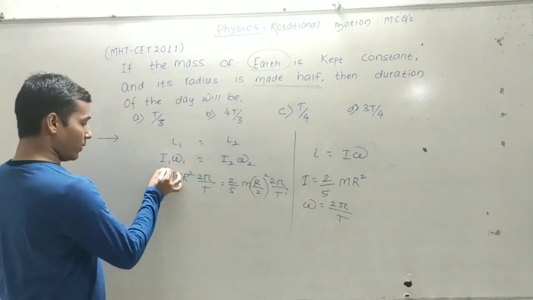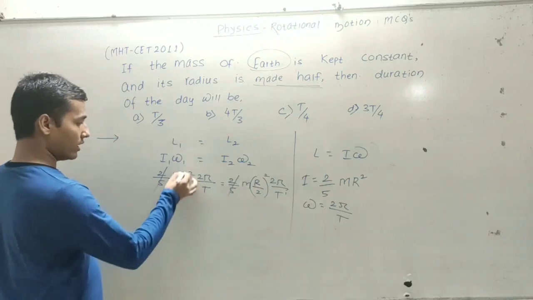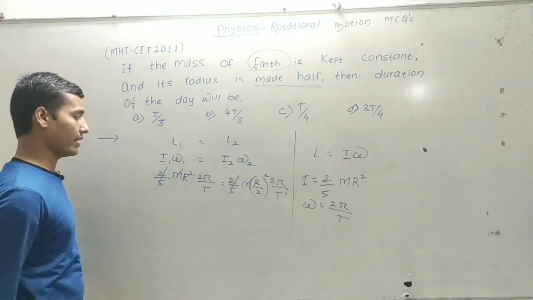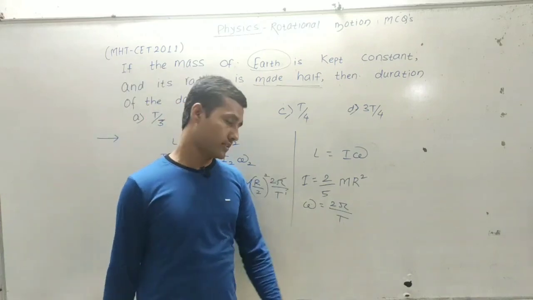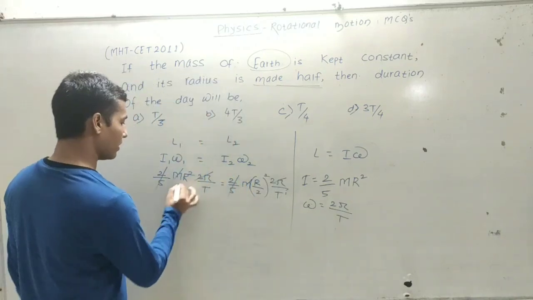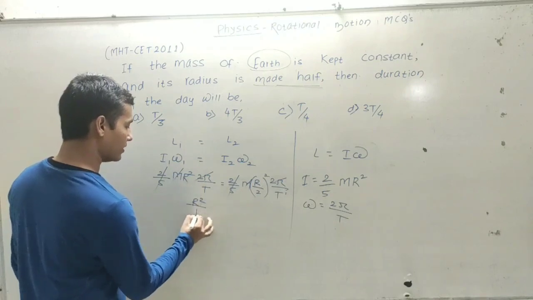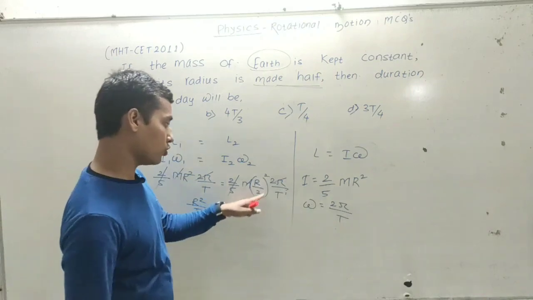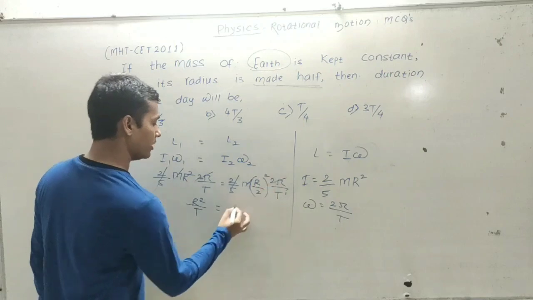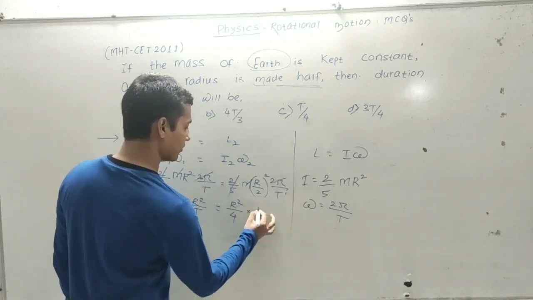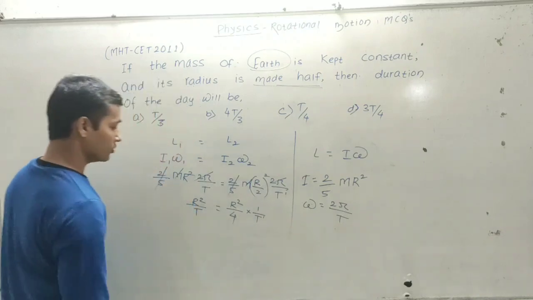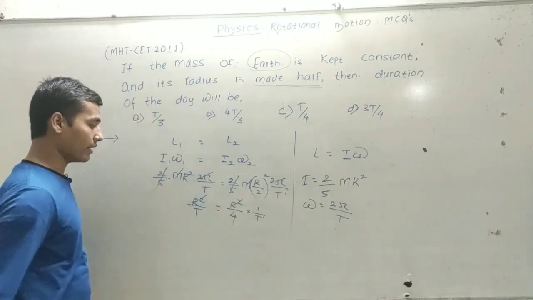So this 2 by 5 and 2 by 5 m will get cancelled. This 2 pi and 2 pi will also get cancelled. So now we have one here r square by t, and now we have to square this bracket. So it will be r square upon 4 and here 1 by t dash. So I am cancelling r square and r square.